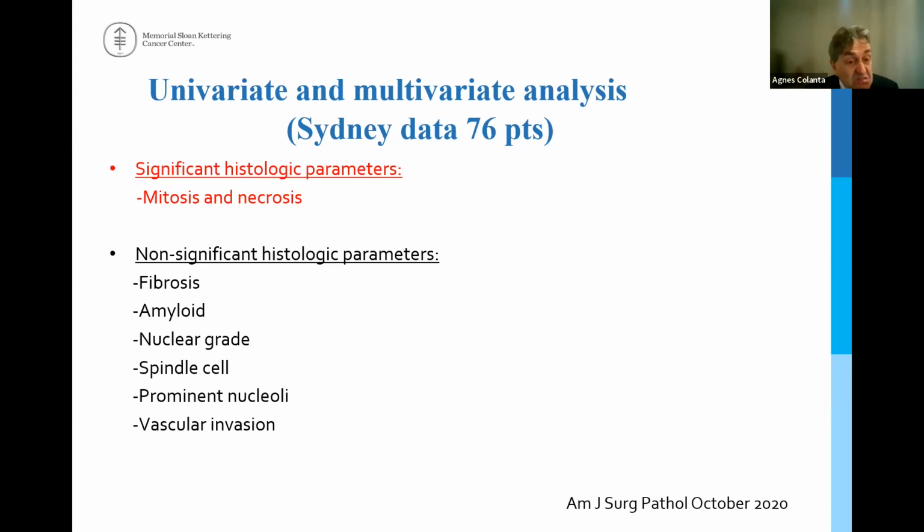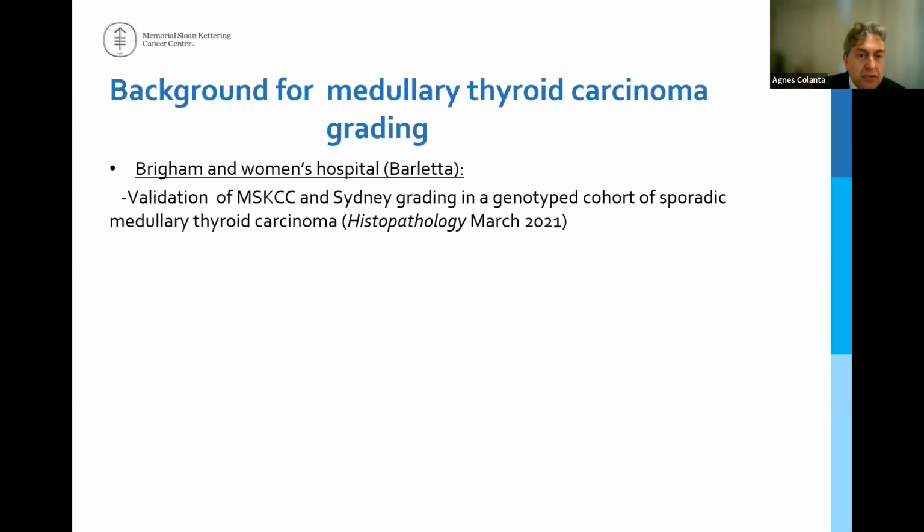Fibrosis, amyloid, nuclear grade, spindle cell, whether you have them or not, prominent nucleoli and vascular invasion, all these do not make a difference. Now, after these two papers, a paper from Brigham and Women's Hospital by Dr. Justine Barletta at Boston validated both of these grading systems in a genotyped cohort of sporadic medullary carcinoma. That is great. These papers are great, but they're not enough.